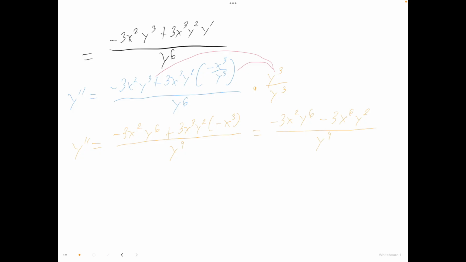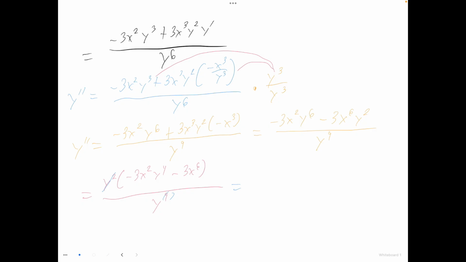So now notice here that we have some y's on both the top and the bottom. So we're going to factor that out. So we have y squared that we can factor out of everything. So we're going to have y squared times negative 3x squared y to the fourth minus 3x to the sixth divided by y to the ninth. And we can cancel off two of those.